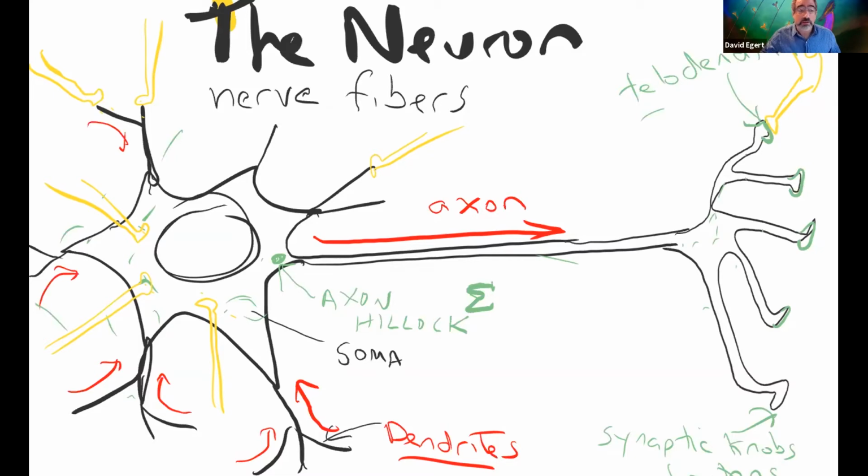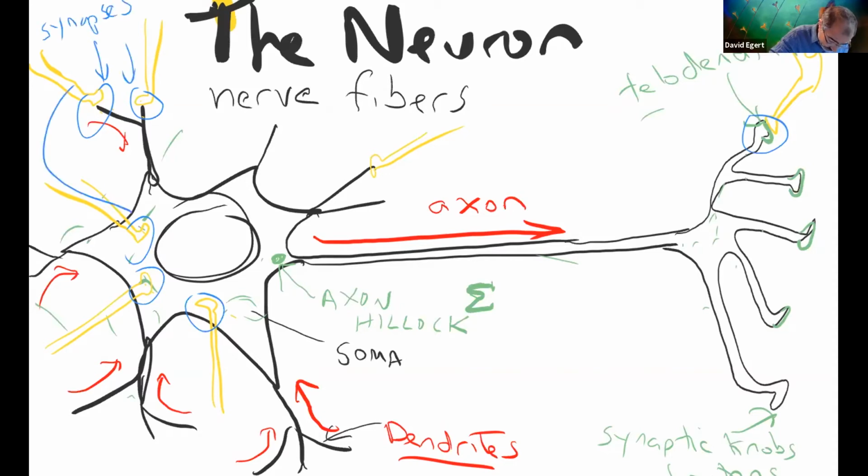These are going to be the little synapses, the communications between one neuron and the next neuron, which we're going to talk about in way more detail.